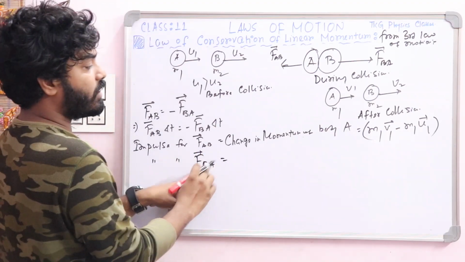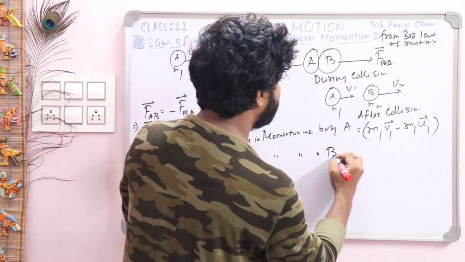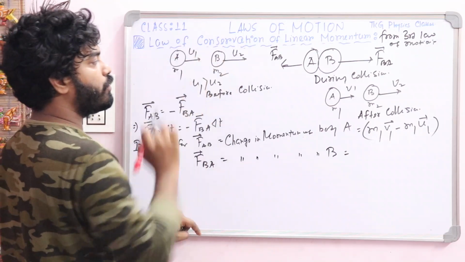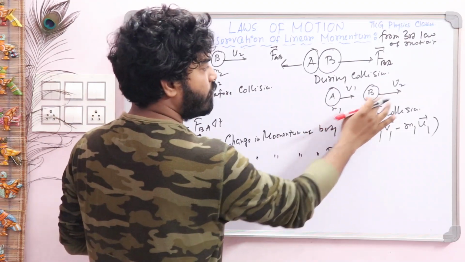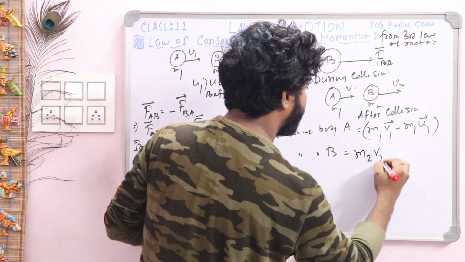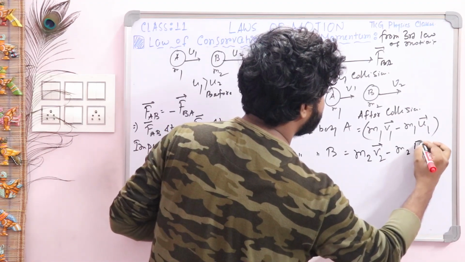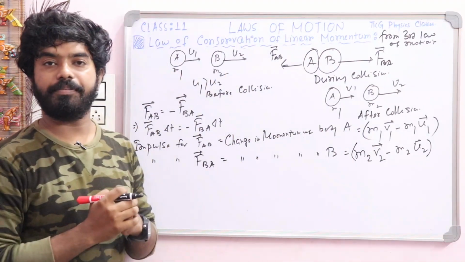Impulse for this force is the change in momentum of body B. Now for body B, mass m2, velocity u2, that is m2 u2 initial, and mass m2, velocity v2, that is m2 v2 final, minus m2 u2 initial. So this is the change in momentum for body B.